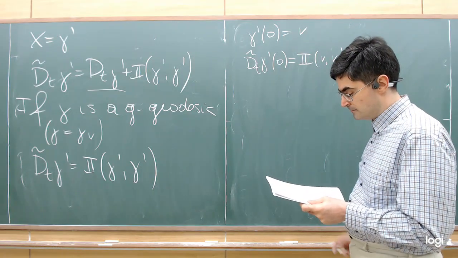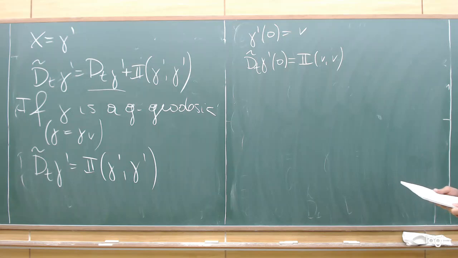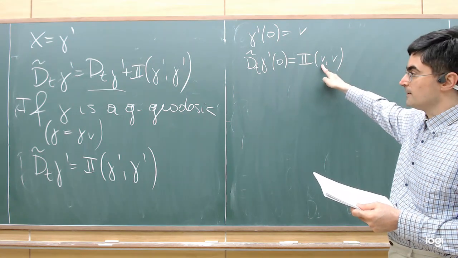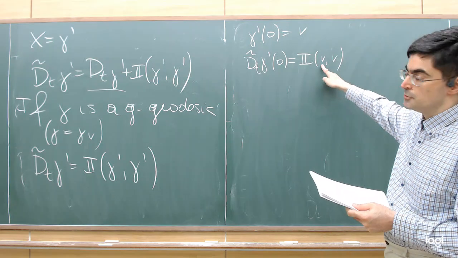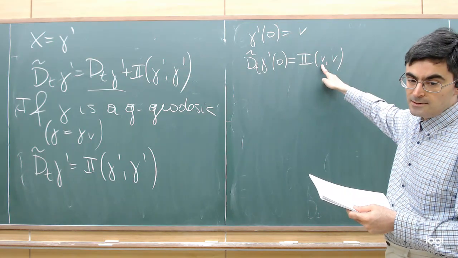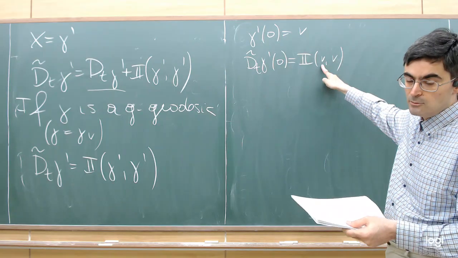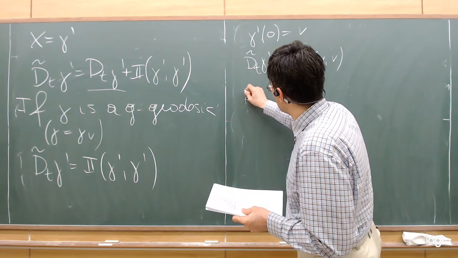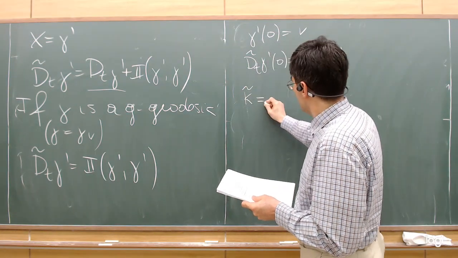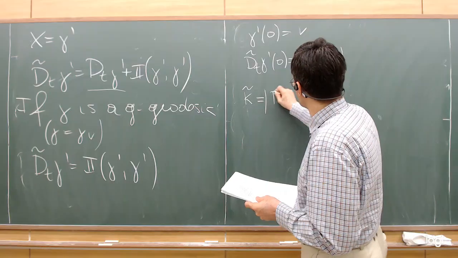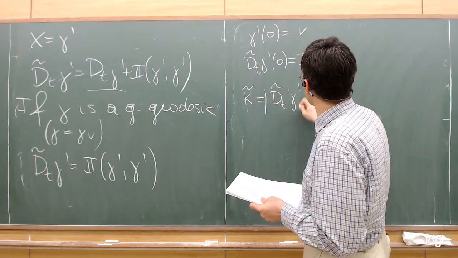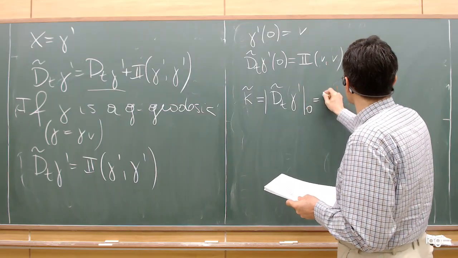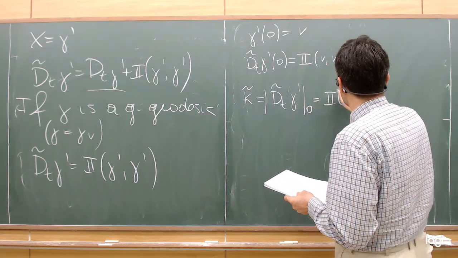And if V is a unit length vector, which means that the curve is parameterized by arc length and its speed is equal to 1, then we have that k tilde is exactly equal to this.